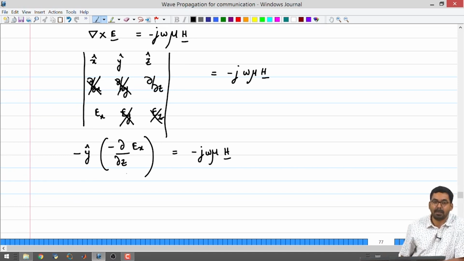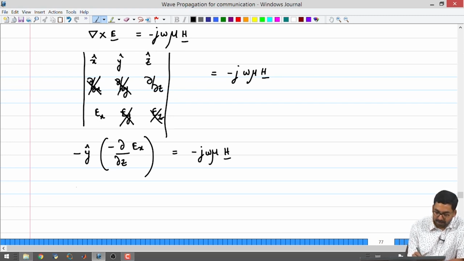We already know that the magnetic field is going to have only a y component. And we can write down now an expression, because now we have a solution for Ex. We can always plug that solution over here. The general solution is what we will plug in over here to find out what the general solution for H is going to look like.